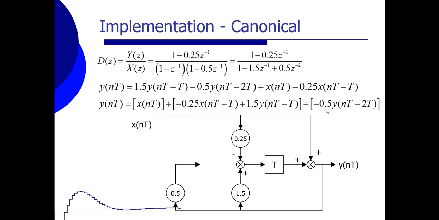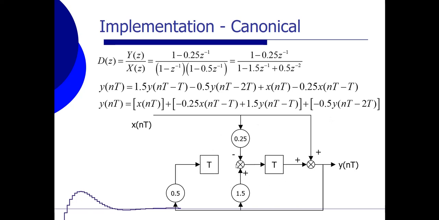Now we have to implement only this part of the difference equation, and we see over here that we have to delay the output signal twice. So we have to take not the previous output signal, but one signal further, so two delays, multiplied with 0.5, and we have to subtract that from the result we had already.